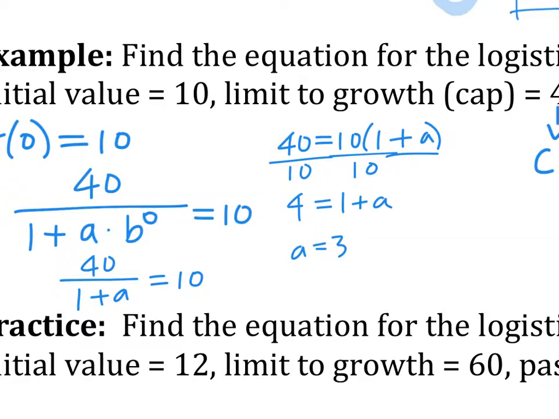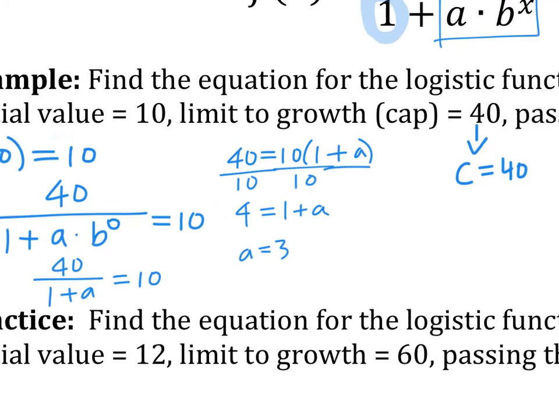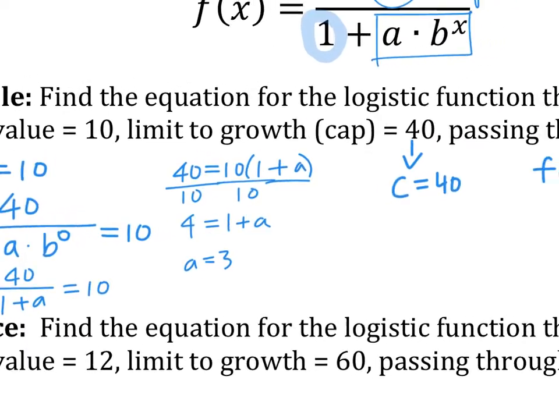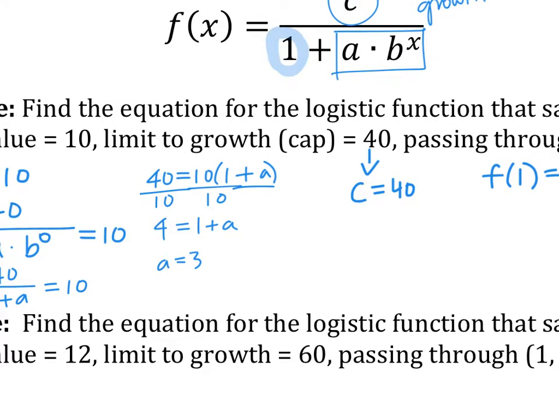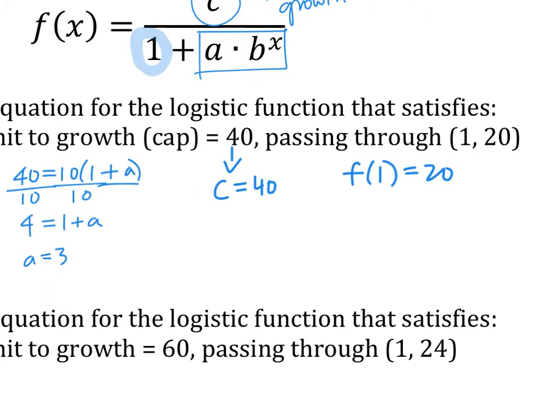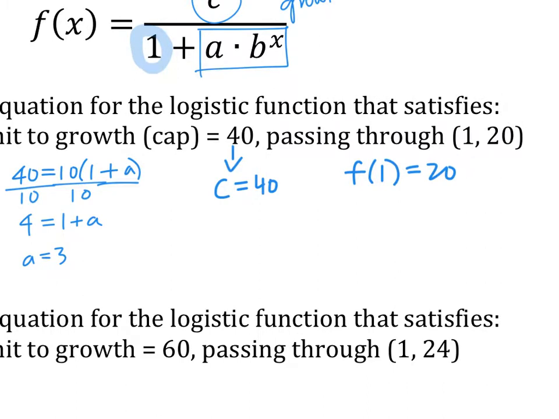All right, how do we find B then? What is the last piece of information we can use to find B? A equals 3, and C equals 40. Yes, the last point.